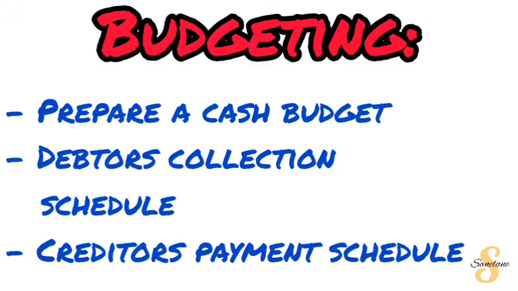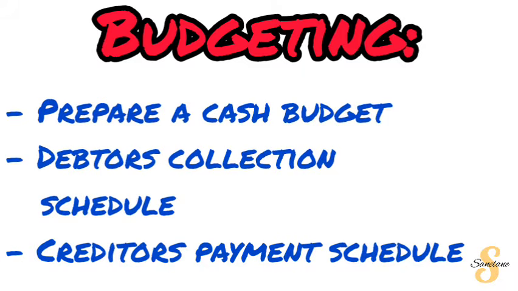When we get to the part of the expenses, or the payments in the cash budget, we get to a section where we have to record payments to creditors. For us to be able to get the information that we record in payments to creditors, we get that information from a creditors payment schedule.